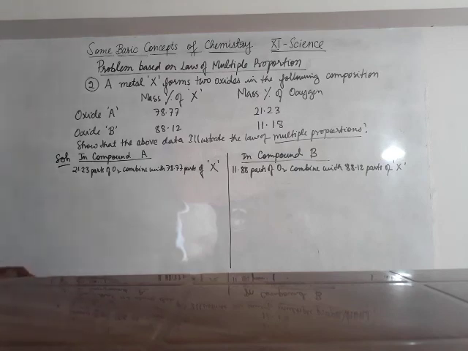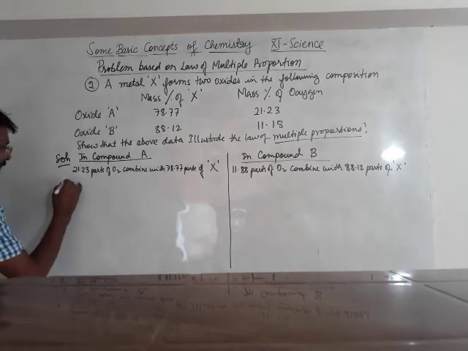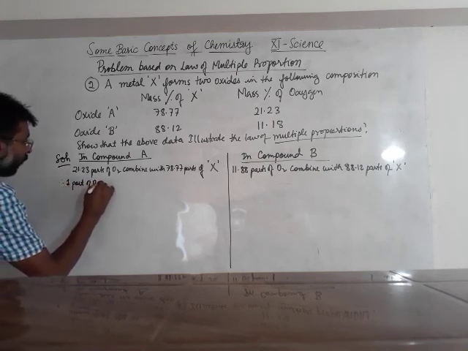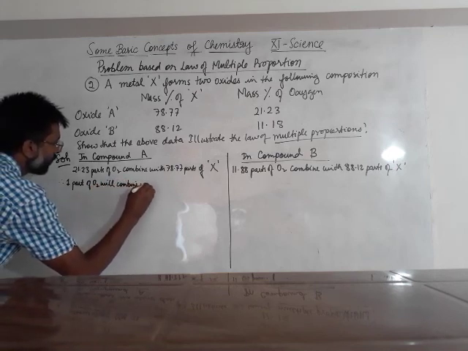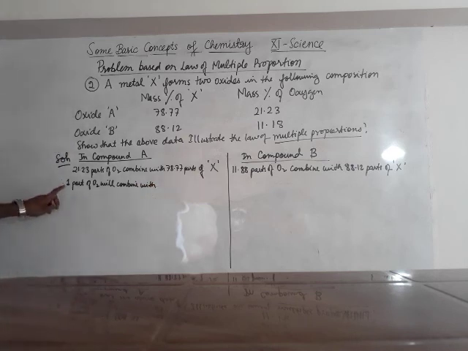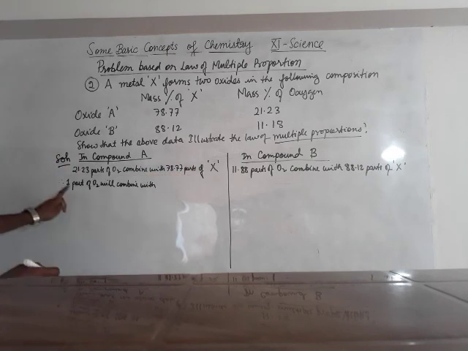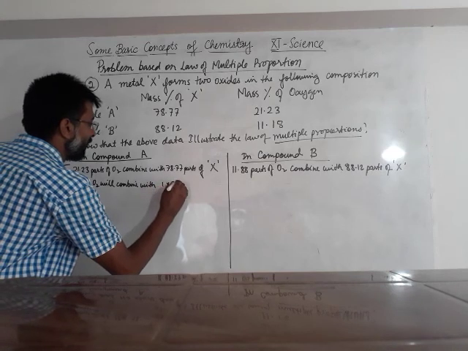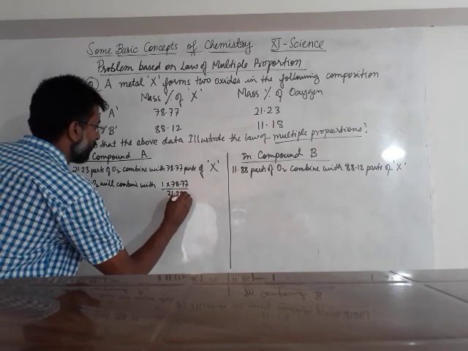Now I must make the part of oxygen the same for both these compounds. So what will I do? Below this I write, therefore, one part of oxygen will combine with, using the unitary method: 21.23 parts of oxygen combines with 78.77 parts of X. Therefore, one part of oxygen will combine with 1 multiplied by 78.77 divided by 21.23.